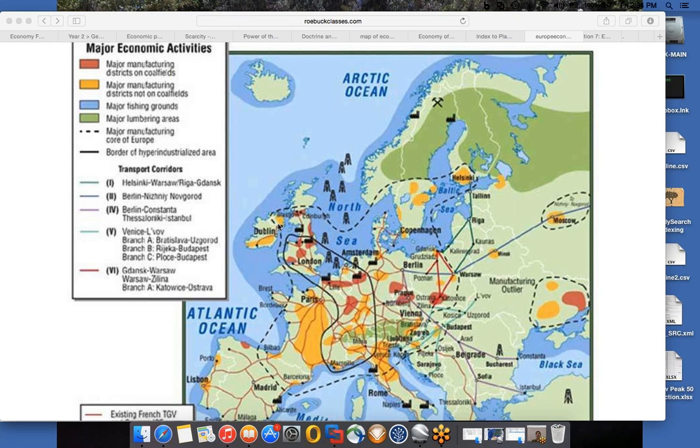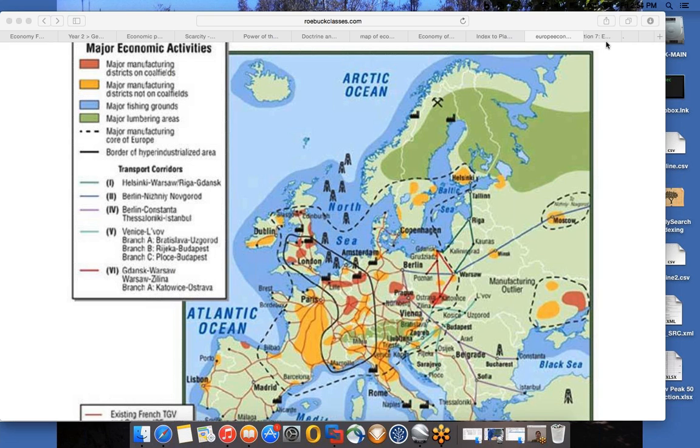Coal is one of the big resources of Europe, especially in England and Germany, and Russia, and here in Ukraine. These are the areas that produce a lot of coal, and because of that, they are able to develop a lot of economic activity.